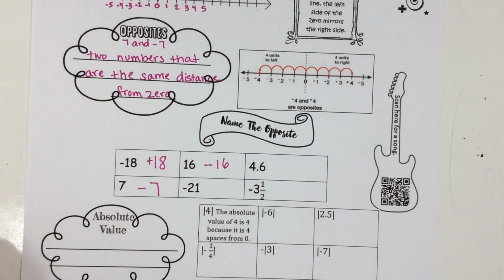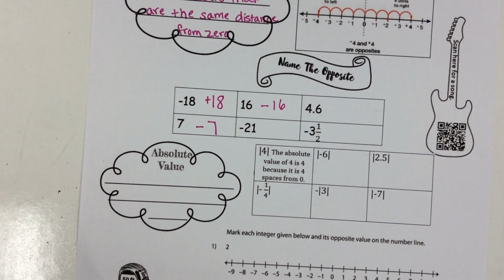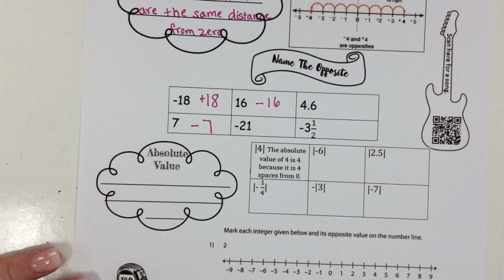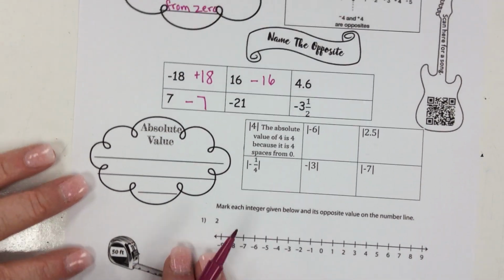Now, absolute value. Absolute value measures distance. Now, distance is always positive. You've never seen a tape measure with a negative number on it, right? That's why there's a tape measure here. It's always in positive numbers.